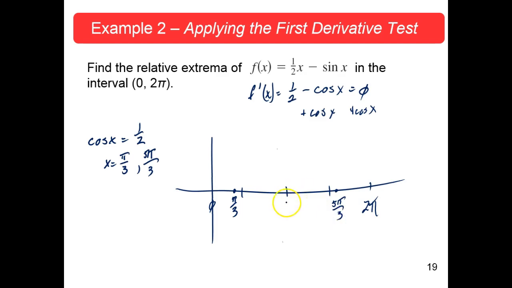This is pi, this is pi halves, and this is 3 halves pi, just to give us references. So we need to pick some points. And actually you could do this either way.